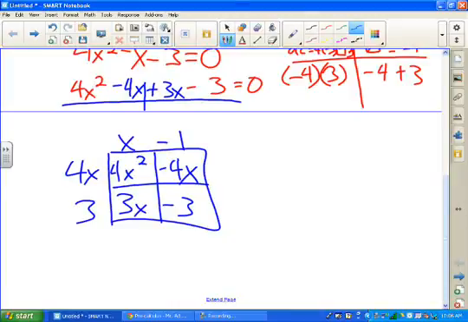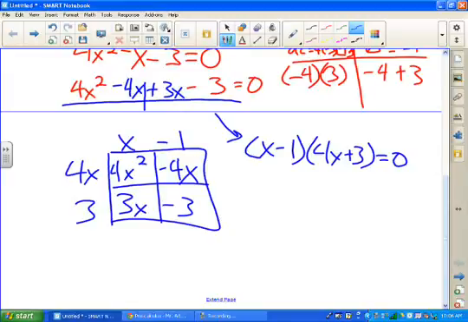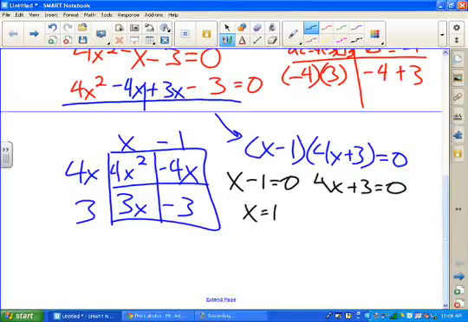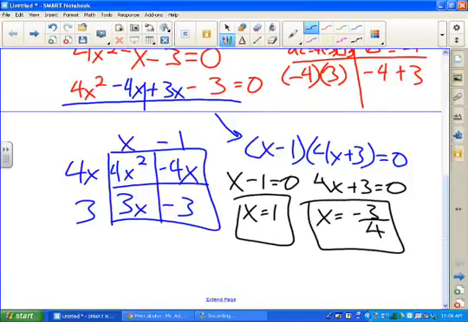By doing that, I end up with 4x plus 3 times the quantity x minus 1, and so that whole quadratic expression factors to x minus 1 times the quantity 4x plus 3. Setting both factors equal to 0 gives me my possible solutions: x equals 1 or x equals negative 3/4.